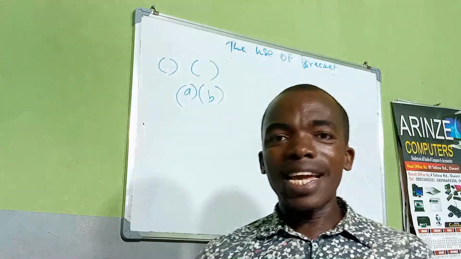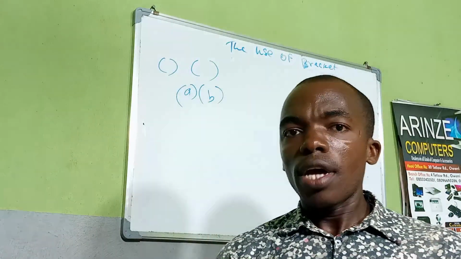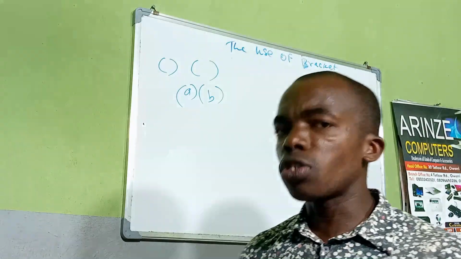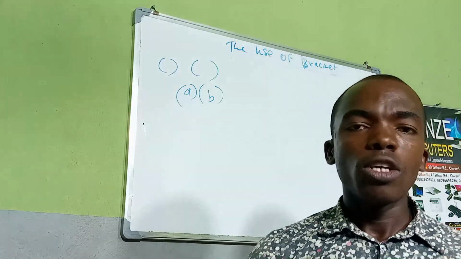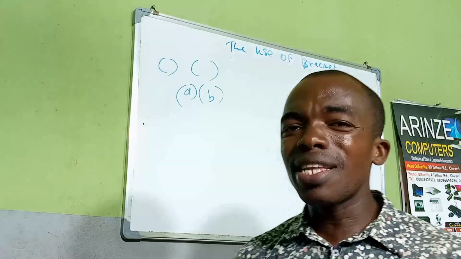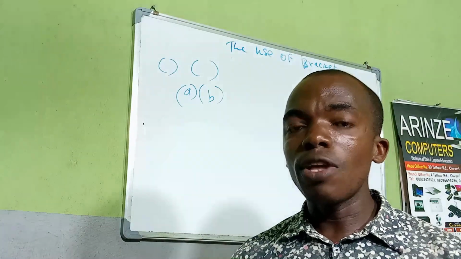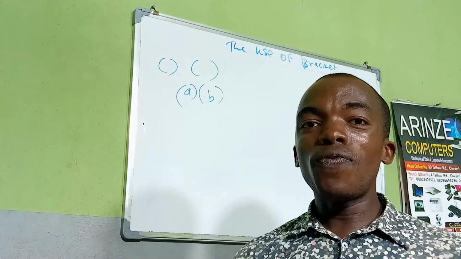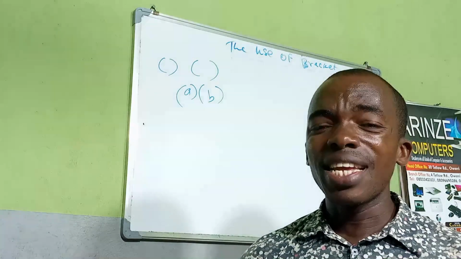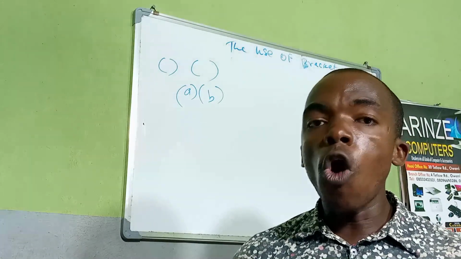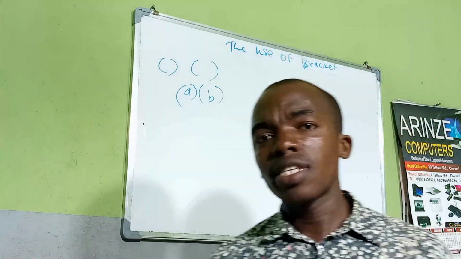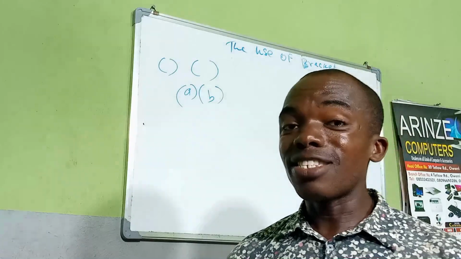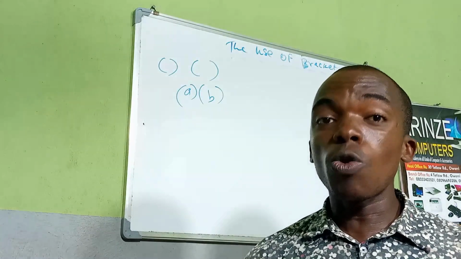If a naked number, that is not closed in bracket, will multiply a bracket, then it has to come in front of that bracket. Do you get? That is to say that number will multiply that bracket.